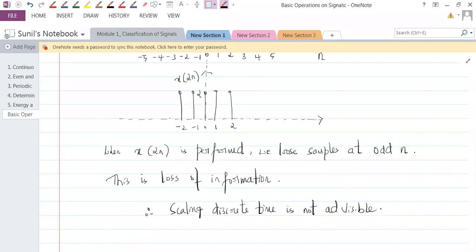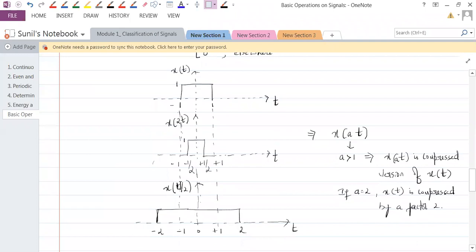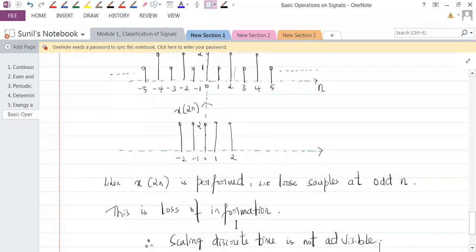Is that understood, everybody? Very interesting thing. We did that in continuous time, it got compressed, but it is not loss of information. We did x of t by 2, it's expanded, it's not loss of information. But here, losing the samples at odd numbered n's is loss of information. So let's not do it, is what they say.